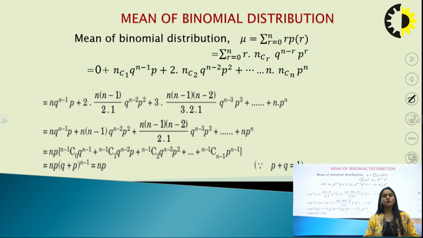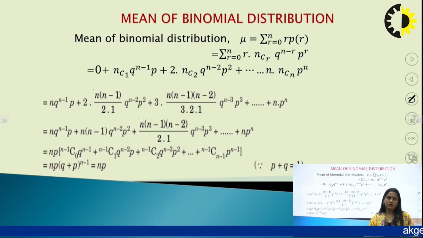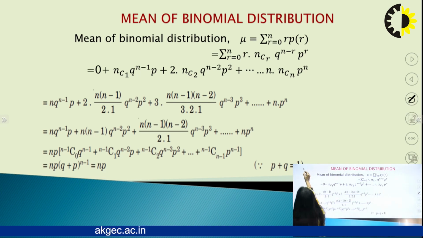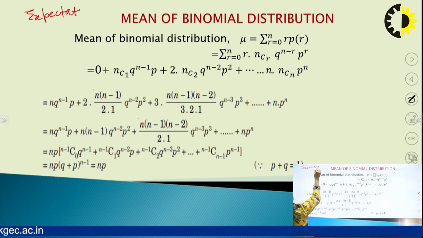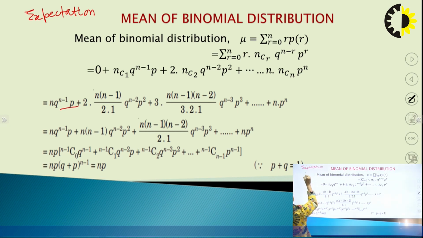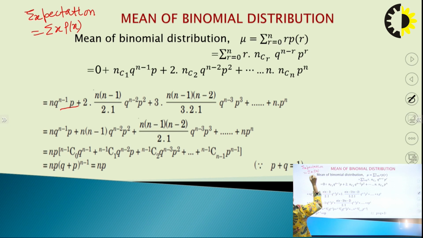So we know that any distribution which is a probability distribution has an expectation, and expectation is always summation x p(x).